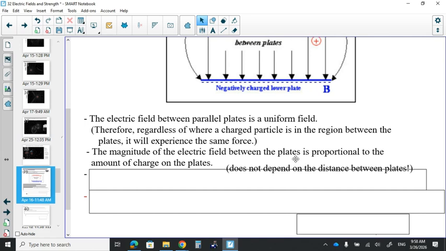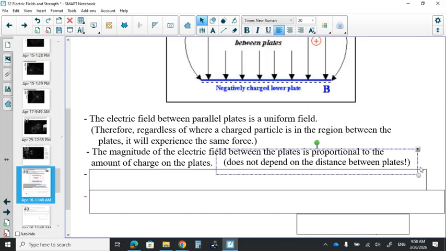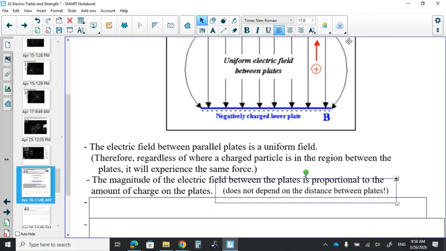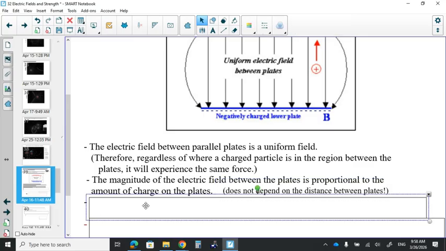Whereas later on, when you have a voltage applied across, it does depend on the distance between the plates. So it seems like a very contradictory thing because these seem like very similar situations, but they're not the same. If you have just charge built up versus if you have a voltage applied across, it's a different scenario. Okay, so watch for that later on.